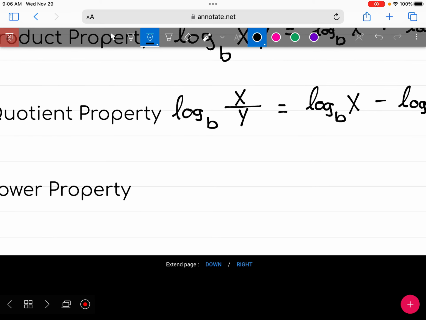This one's not like exponents at all. The power property feels real weird. That's when we have a log base b of something to a power. We're using w in our power here. It becomes a coefficient: w times log base b of x.